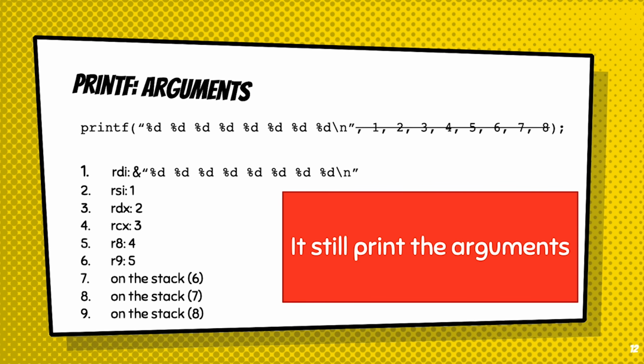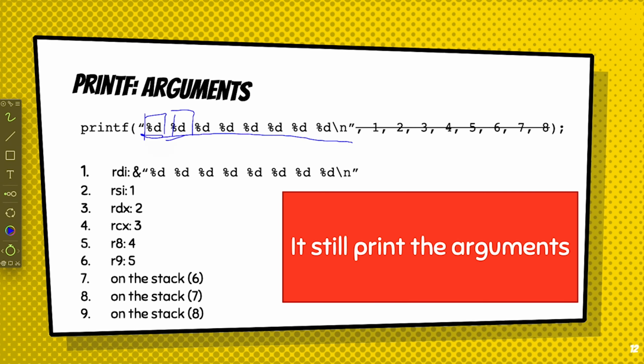All right, actually, even if you remove those arguments, it will still print something. The way that it works for printf is that it will first check the format string, and then according to the format specifiers, like %d, it will find the corresponding arguments that map to each specific format, and then print according to the format specifier.